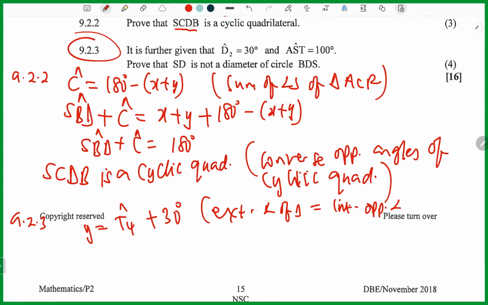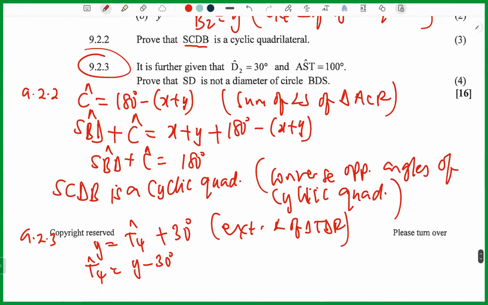Right, so you can say, if you wish, the best way to write in the exam, a short reason: exterior angle of triangle TDR is equal to the interior opposite. And the implication, therefore, is that T4 is equal to y minus 30 degrees.